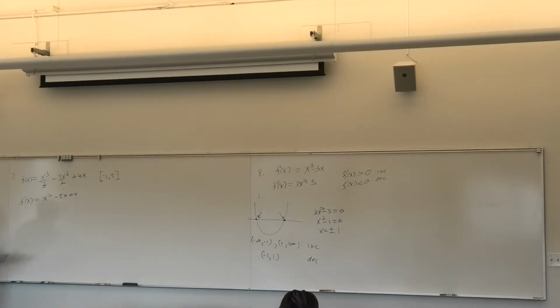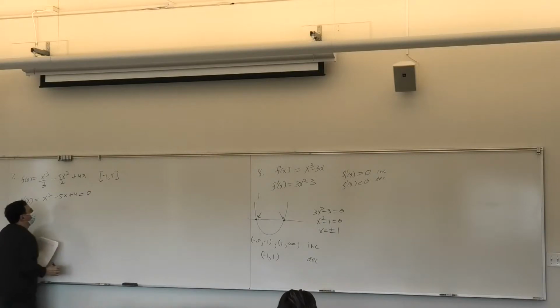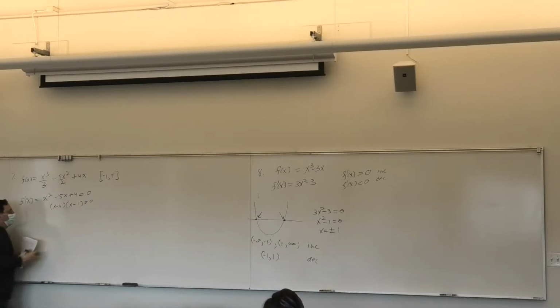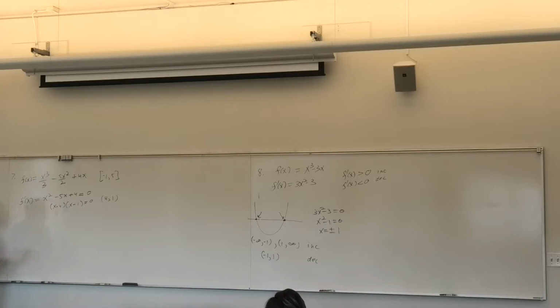And to find out where the critical points are, we're going to set this equal to 0, and from here you can just see immediately by factoring it using the quadratic formula that the points 4 and 1 are critical points.